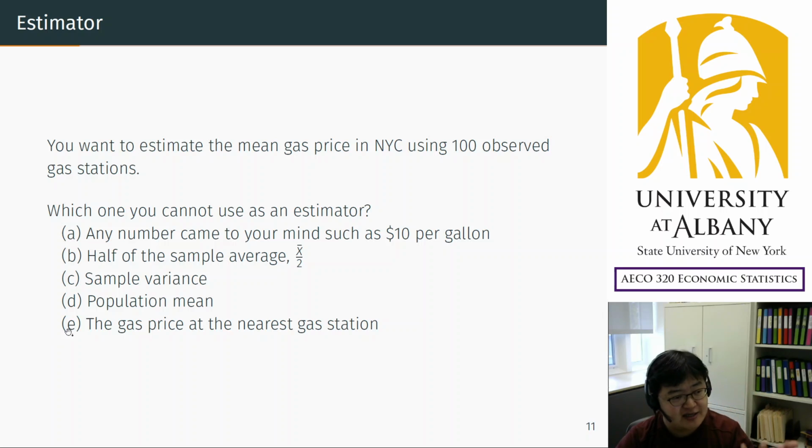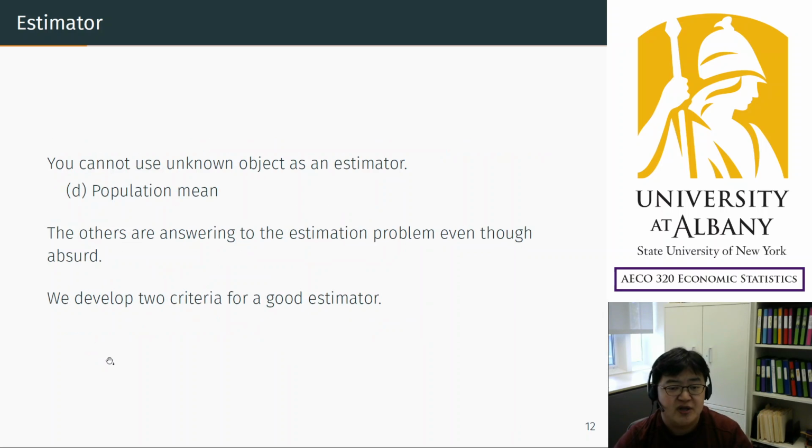We have to make statistical statements about that. We will develop statistical rationale or statistical criteria for why they are wrong, or equivalently, criteria for what kind of estimators are good. We are going to do that in the next video.